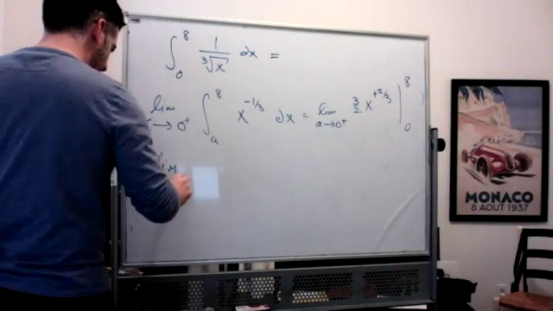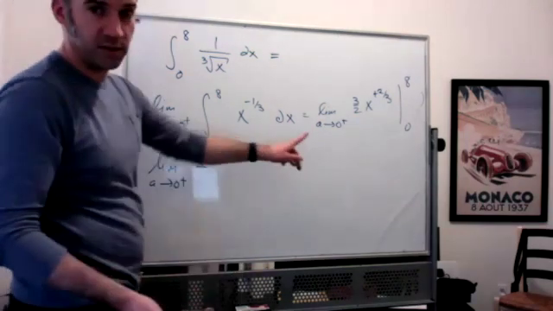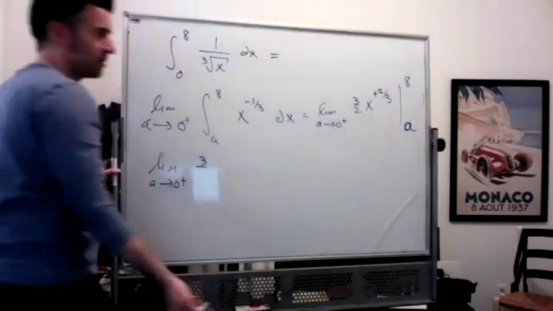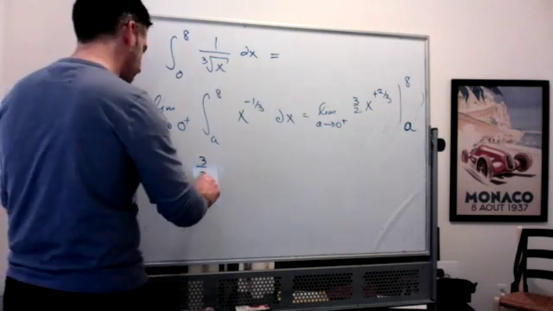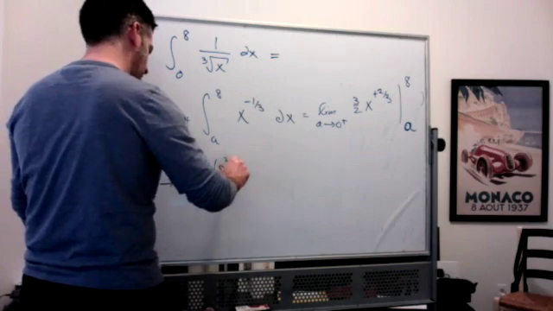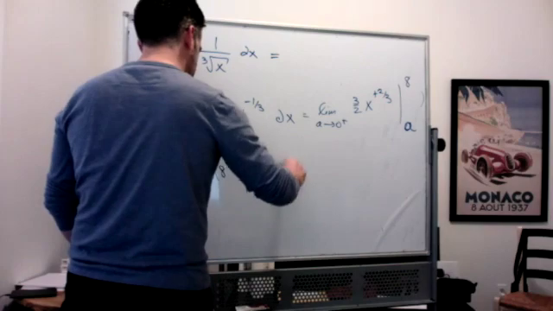So limit as a goes to 0 from the right. I'm going to have 3/2. Oops, I made a small mistake. That shouldn't be a 0, that's an a. It's easy to accidentally have your a turn into 0. So this is 3/2 times 8 to the 2/3 minus 3/2 times a to the 2/3.